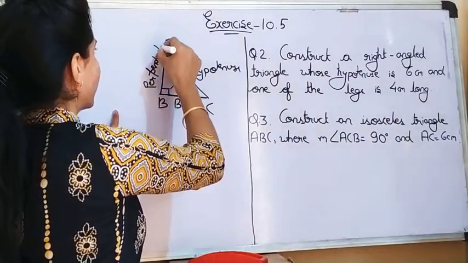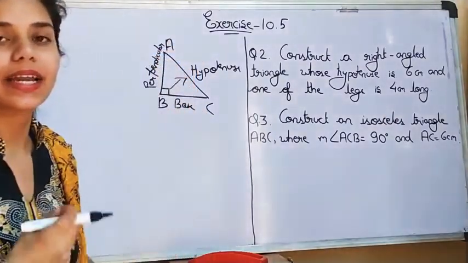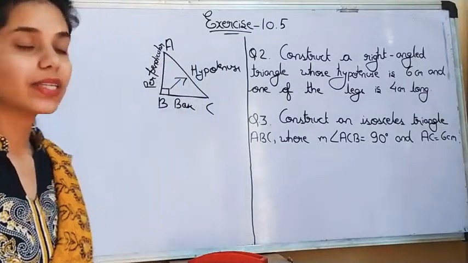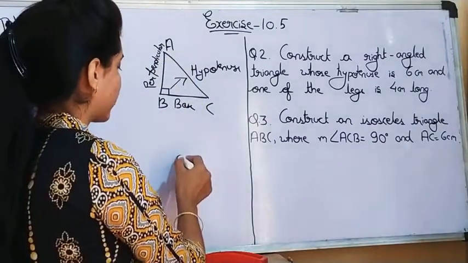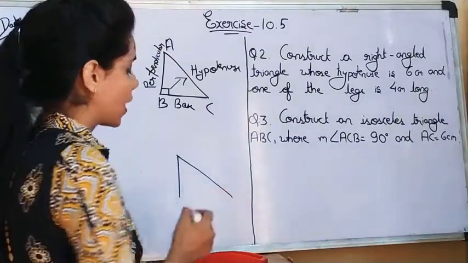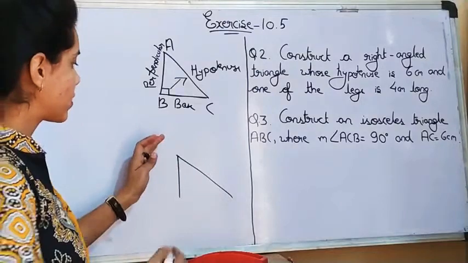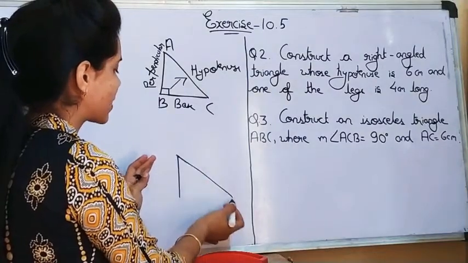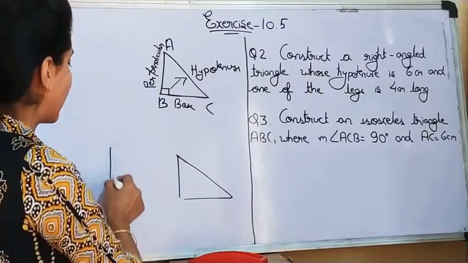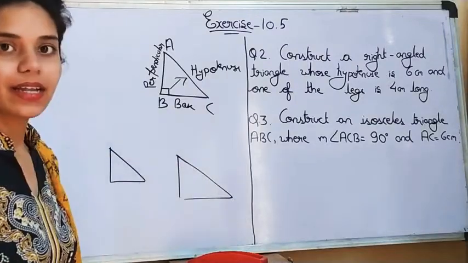So in this way there are three things in any right angle triangle. For example, if a tree gets broken, it makes a 90-degree angle like this. Some mountains are also like a right angle triangle in shape.